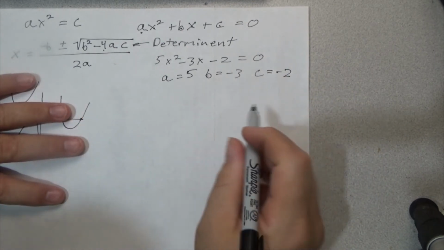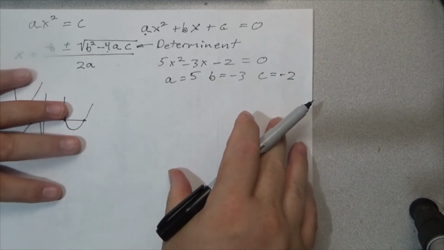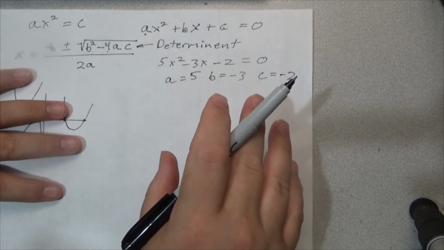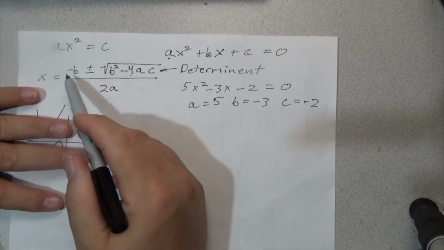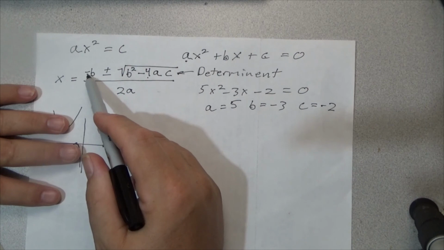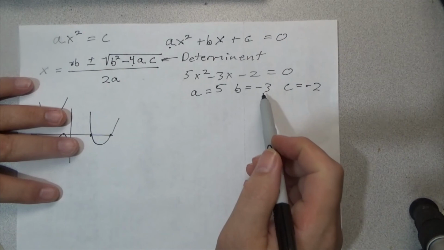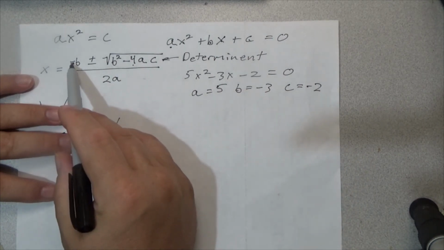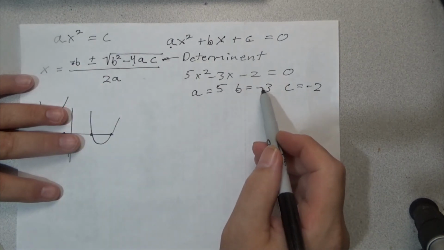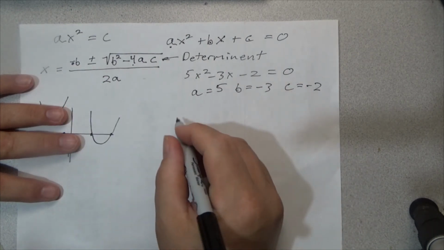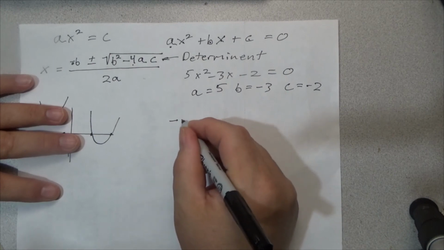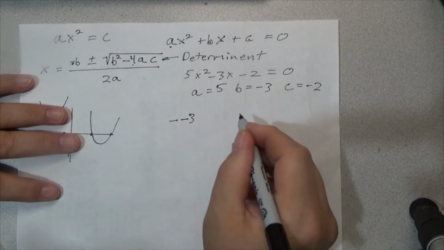So let's put them in. Now, you have to be very careful with the negatives. You always have to be careful with your negatives, because here in the quadratic formula, that's a negative b. All right? Now, in our case, b is a negative number. So this negative goes with the quadratic formula, and that negative goes with that 3. So the negative for the quadratic formula goes first, and then the negative that goes with the 3 goes second.